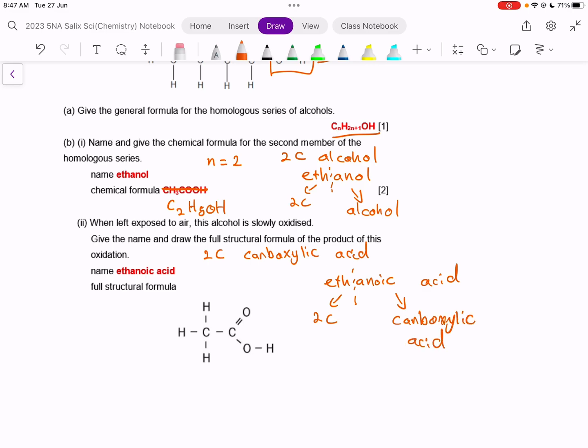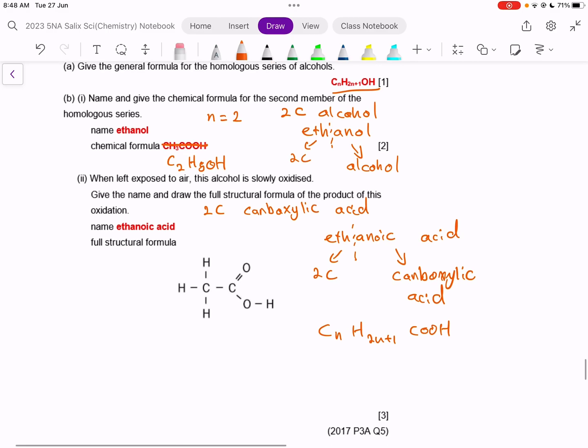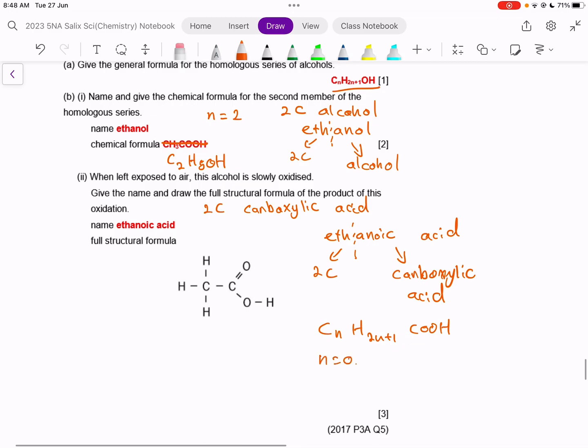Formula wise is CnH2n+1COOH, but your n starts from 0 in this case. So if it's 2 carbon, the n is equal to 1. So CH3COOH, that's the formula.